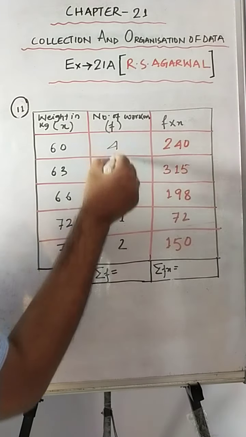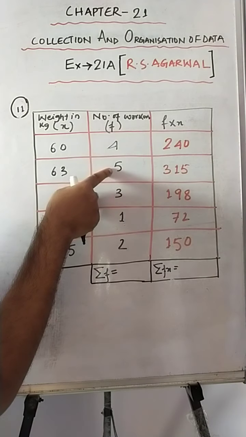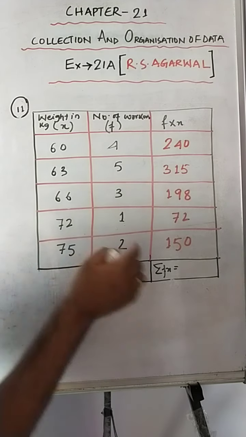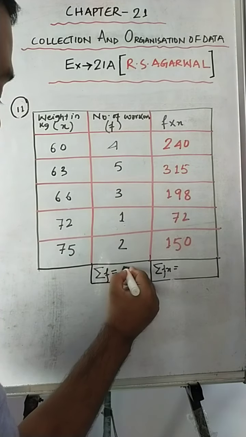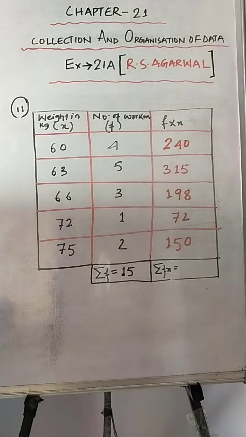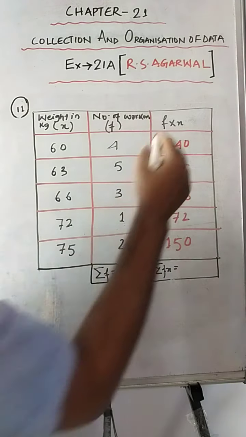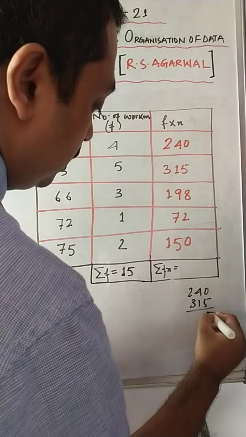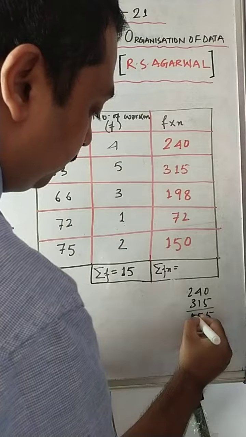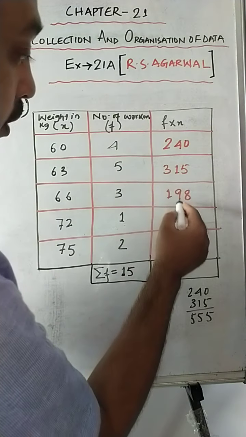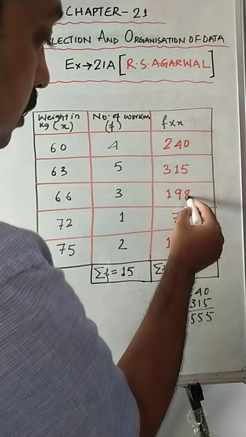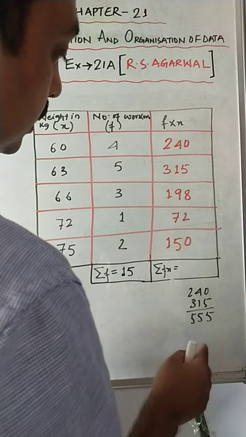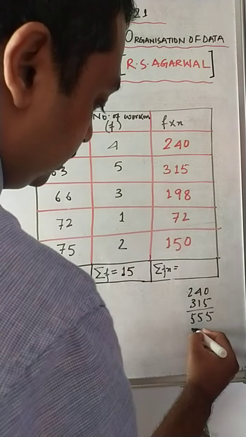Now first add this: 4 plus 5 is 9, 9 plus 3 is 12, 12 plus 1 is 13, 13 plus 2 is 15. And what about this part? 240 plus 315, you have to do the addition, gives you 555. Then add 198 plus 72, it will be 270.